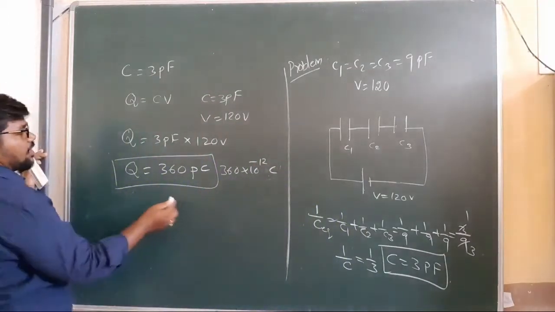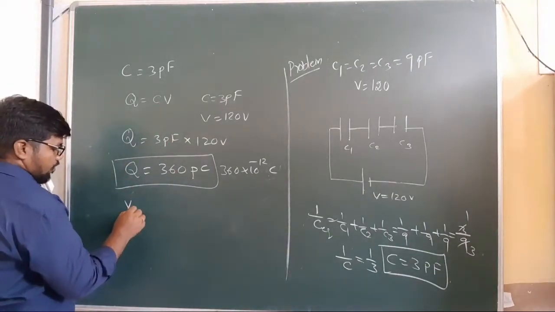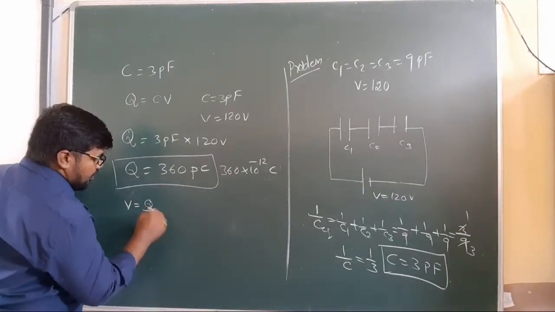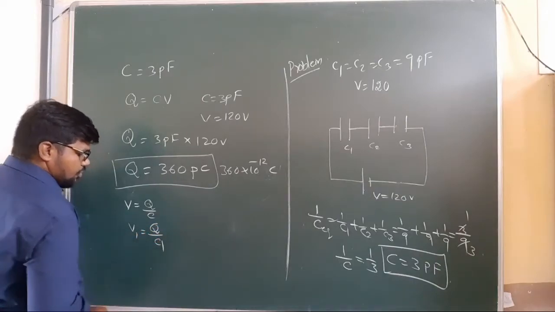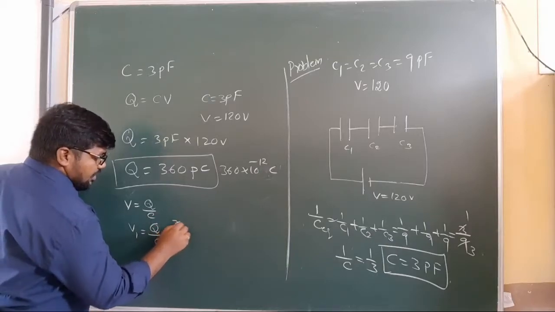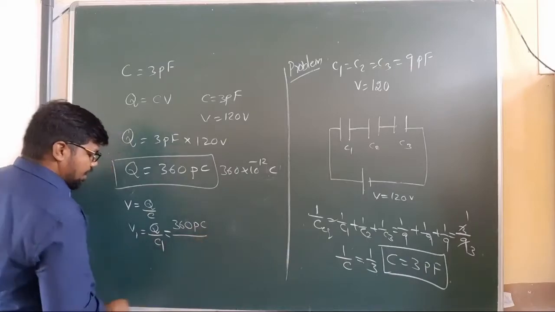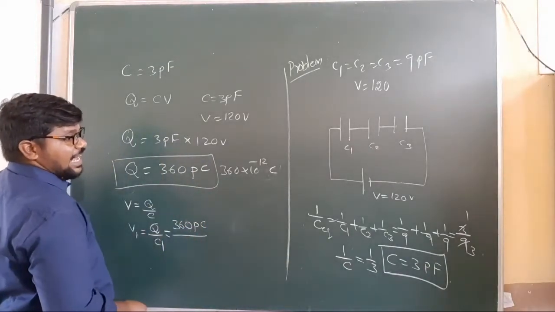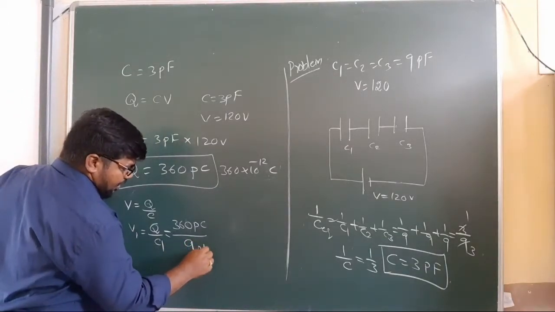We know the expression Q is equal to CV, then V is equal to Q by C. Then V1 is equal to Q by C1. What is Q? 360 picocoulomb divided by C1, which is 9 picofarad.